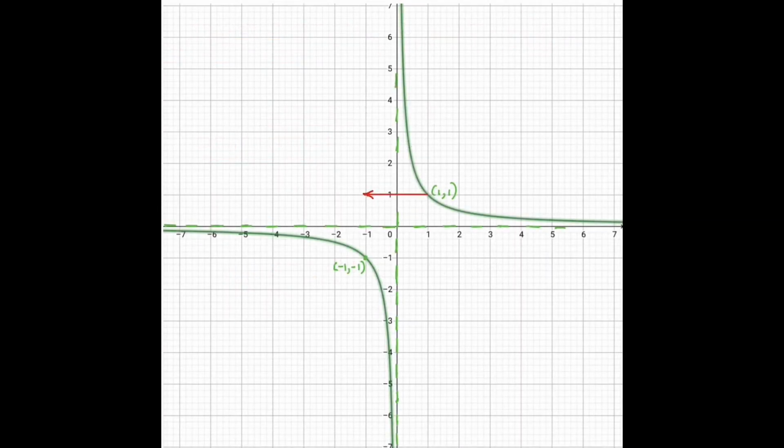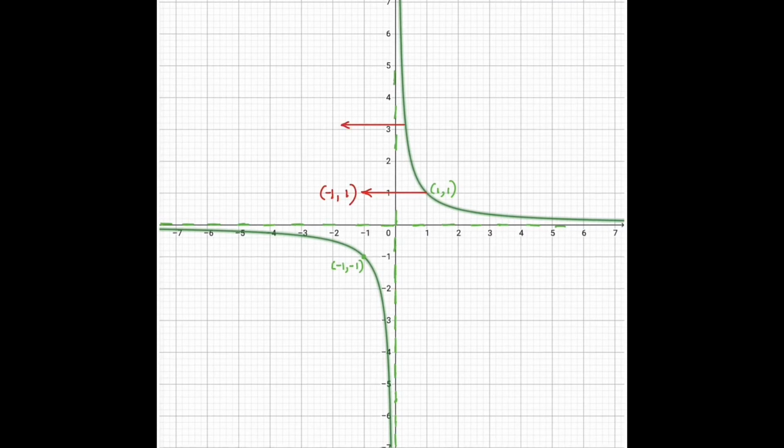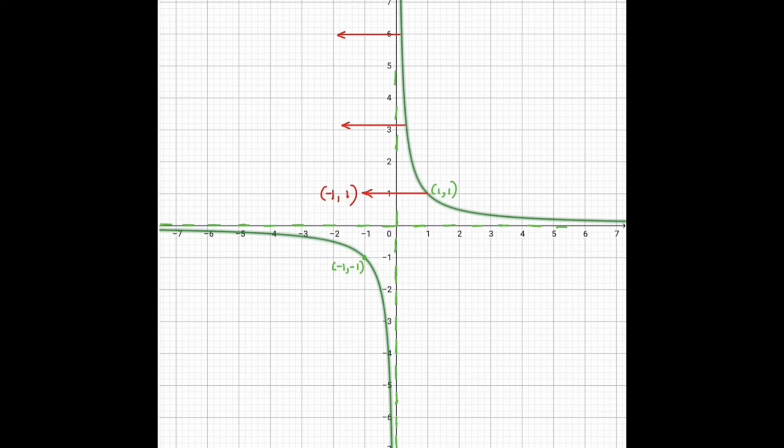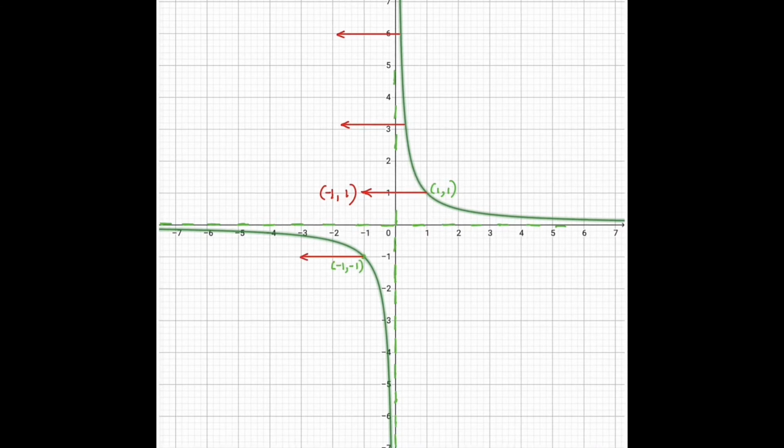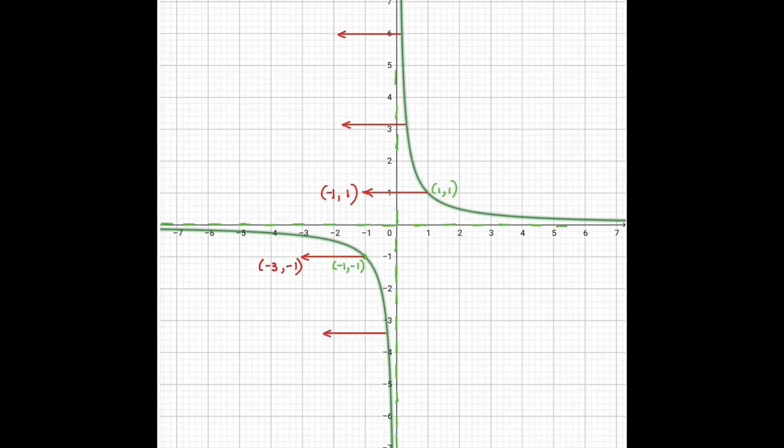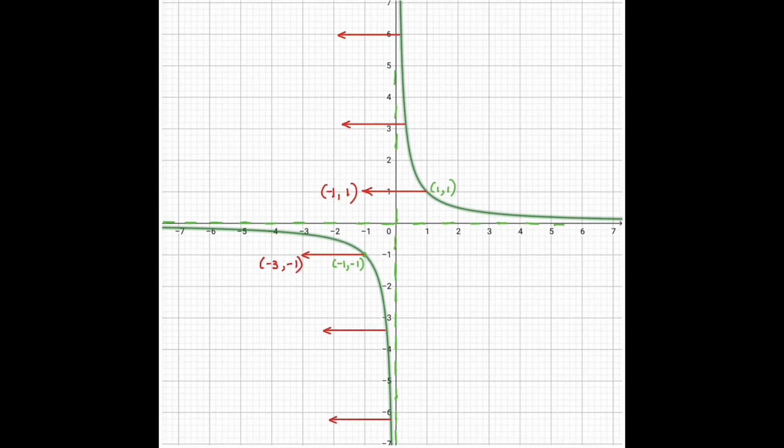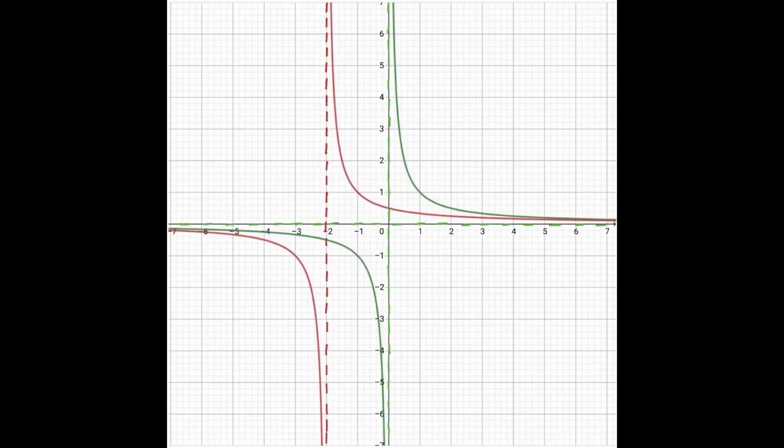On the other hand, a translation of 2 units to the left results in 2 being subtracted from the x values of points on the original curve, while the y values are left untouched. In this case, it will be best to use a version of the original function where x is the subject.